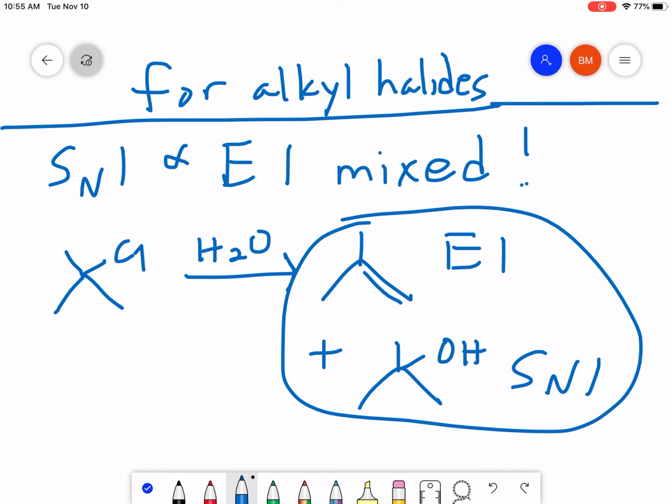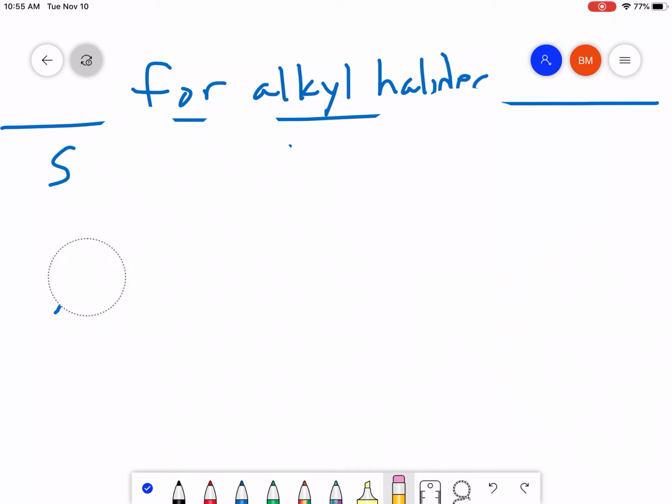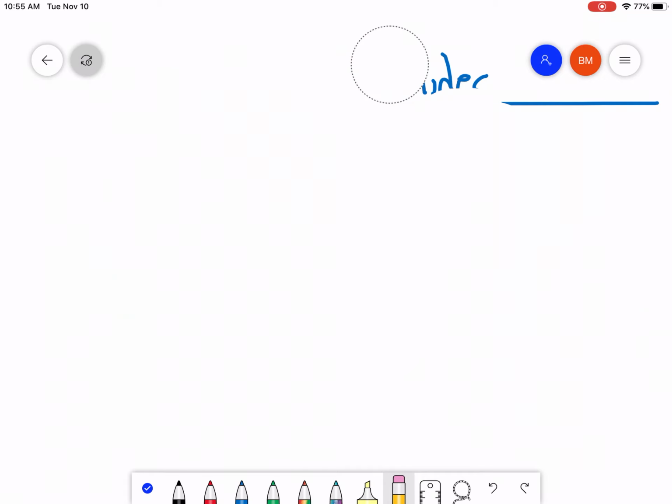So organic chemists in the lab, when working with alkyl halides, greatly prefer E2 and SN2 reactions. Sometimes it's not possible, though, and in that case, you're always going to get a mixture. This is a nice, hard and fast rule. So if you see that setup, be prepared to show that you can get both sets of products.